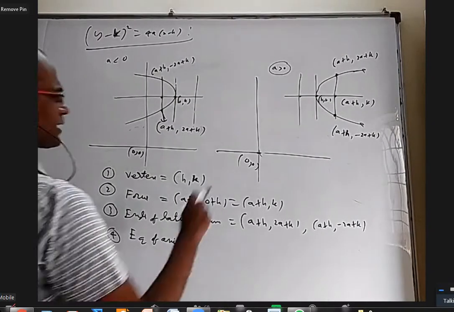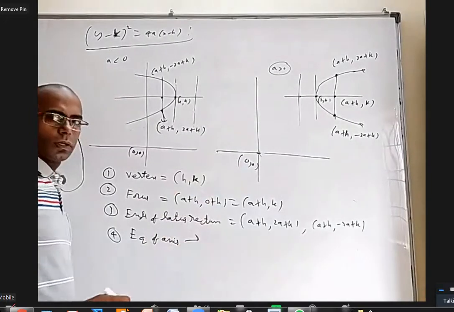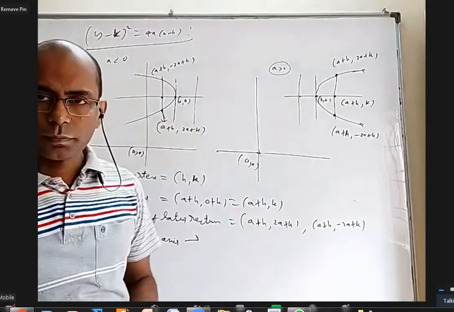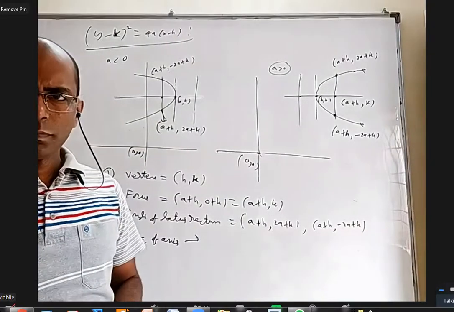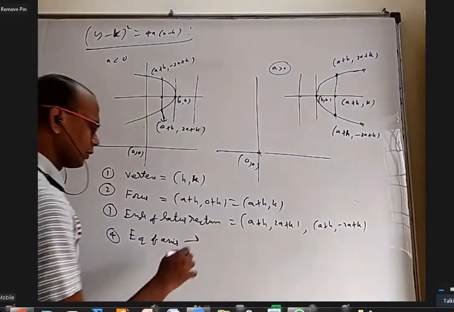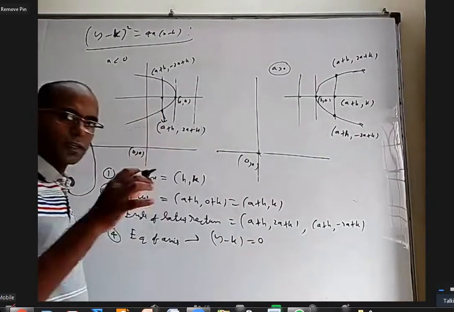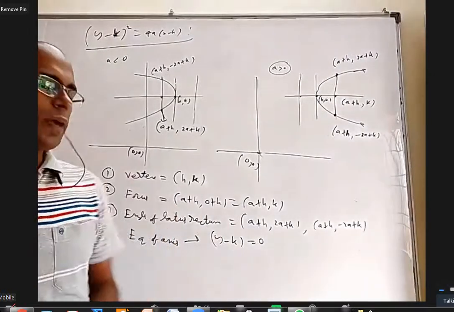So earlier, what was the axis? X-axis, y equal to 0. Now, in the place of y equal to 0, what should I write? I want to write y minus k equal to 0, so that you will remember, simply replace y with y minus k. That's the reason.